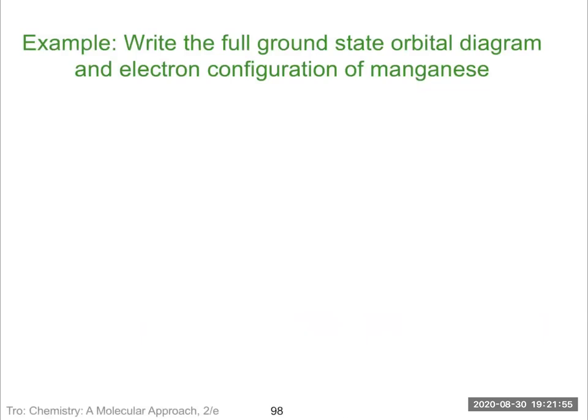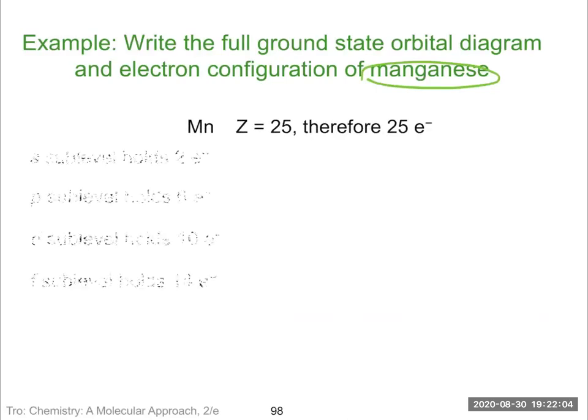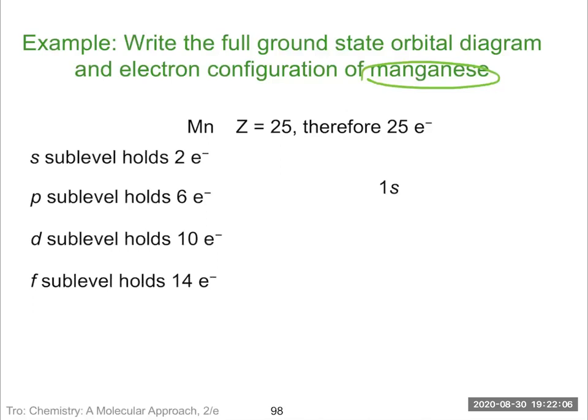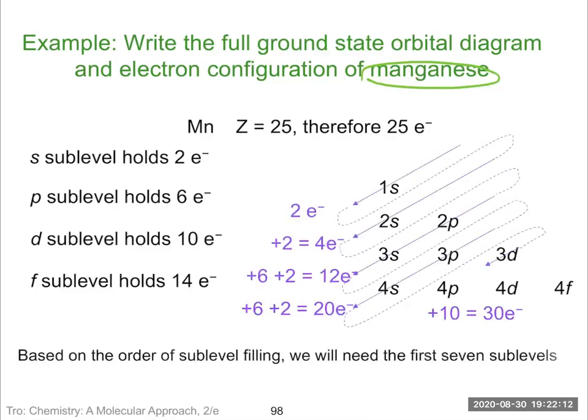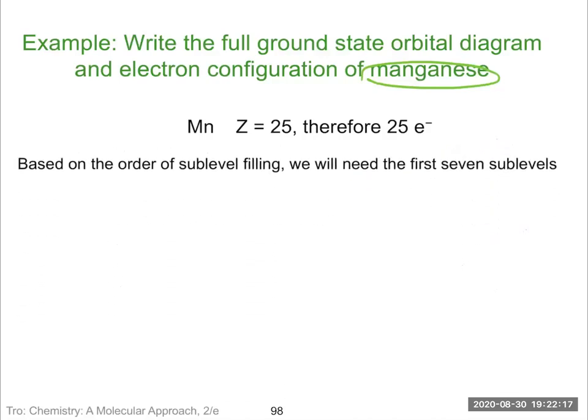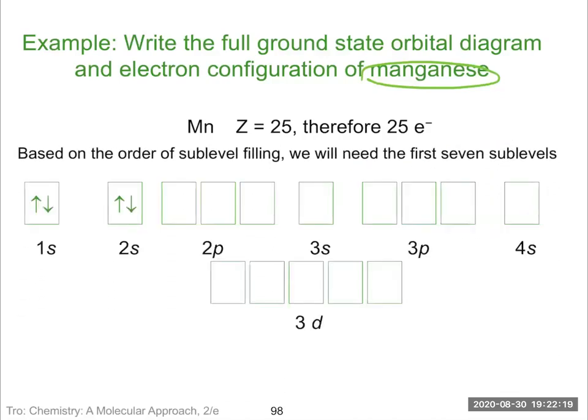Here's another one. Now they're asking you for manganese. 25 electrons. This is something that you would do on your paper, and you start filling them. Here's the orbital notation.